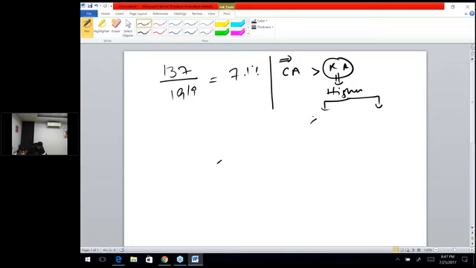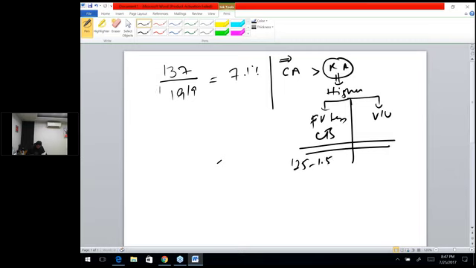So what they have done is identify the fair value less cost to sell as 125 minus 1.5, which gives you 123.5, and they identified the value in use to be 128 million. This is what they identified.